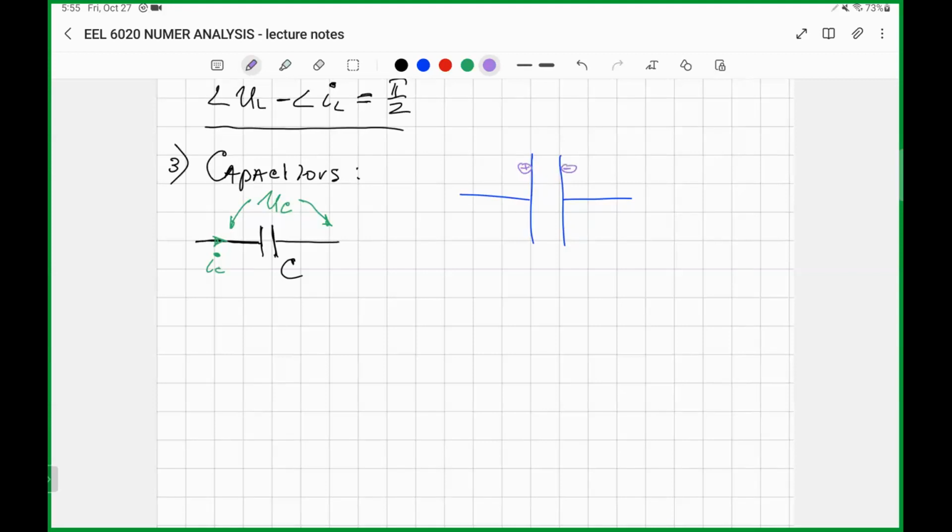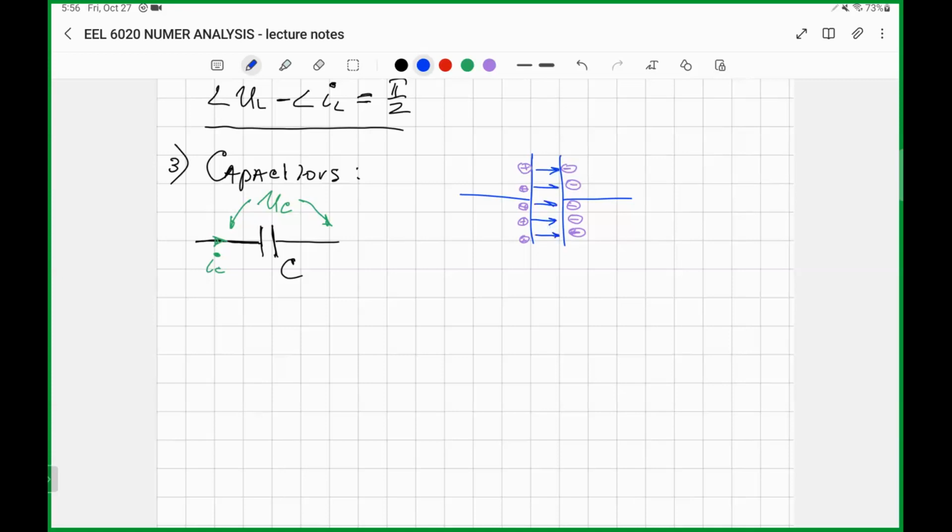These oppositely charged charges attract each other, and if I have more charges like this, all of them attract their opposite counterpart, and we get this electric field between the plates.